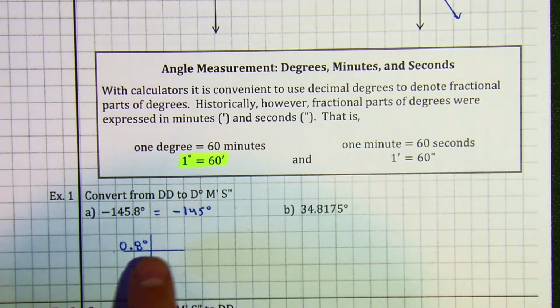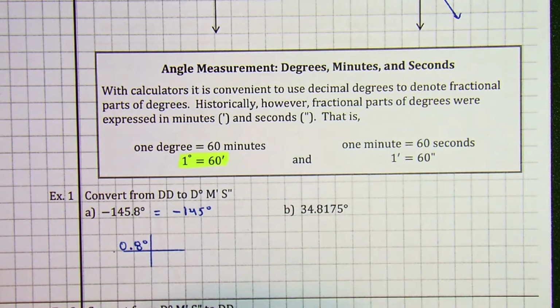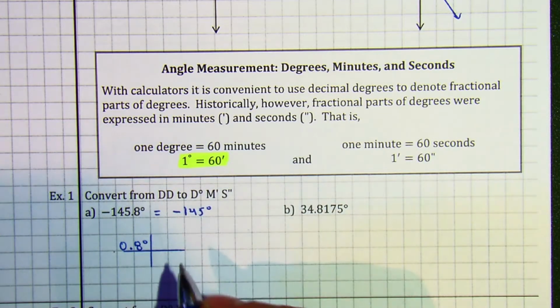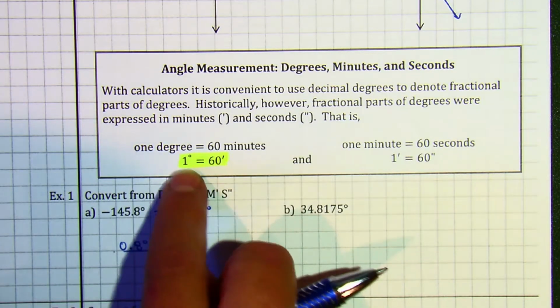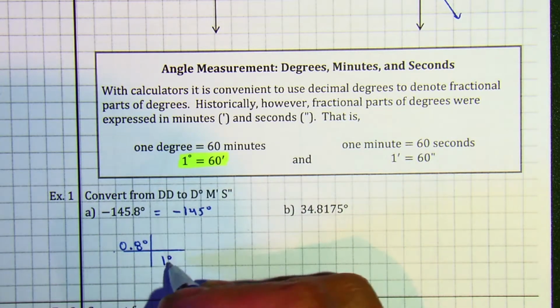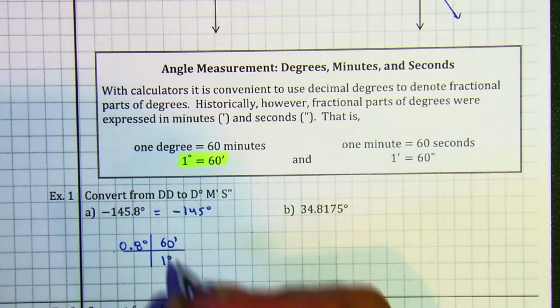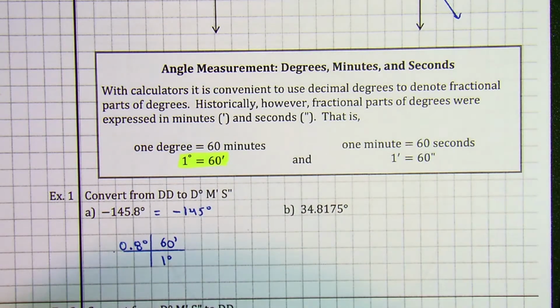Now, I'm using the T-chart just the same way that you guys converted units, feet into inches, yards into meters in chemistry and in physics. This is the degree, it's on the numerator, so therefore I'll place my degree on my denominator, which is 1 degree is equal to 60 minutes. That is the equivalency that we are using.